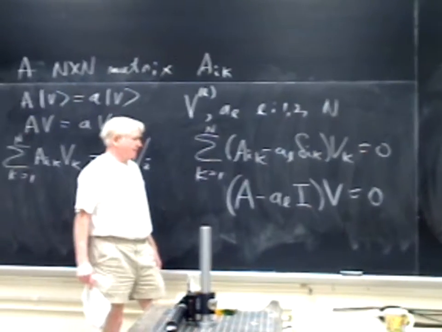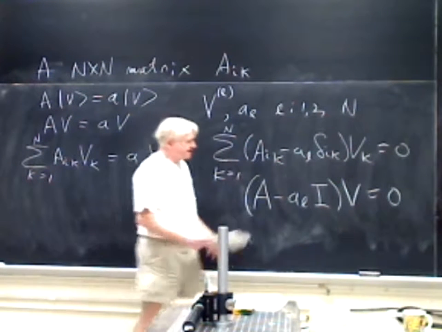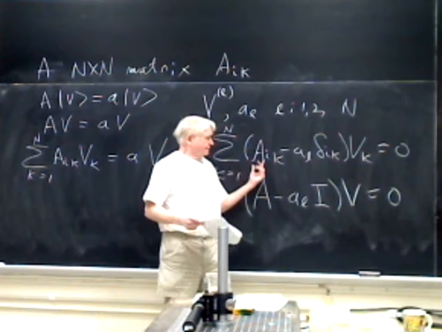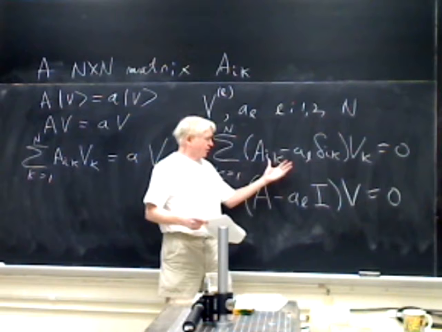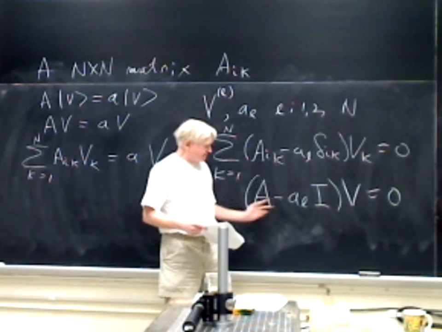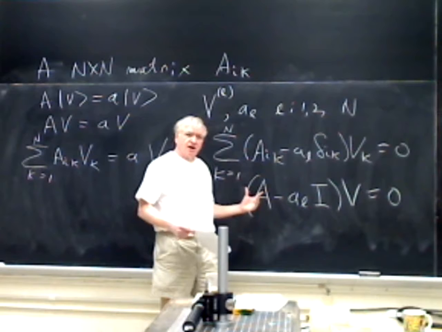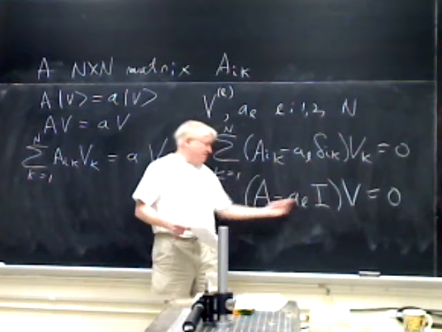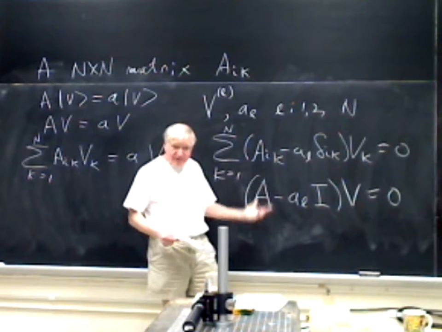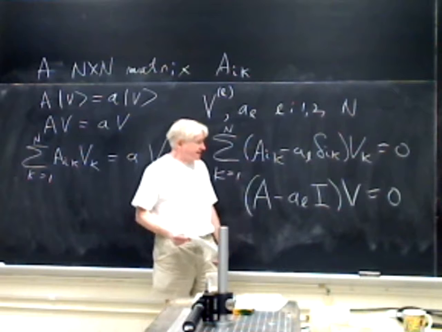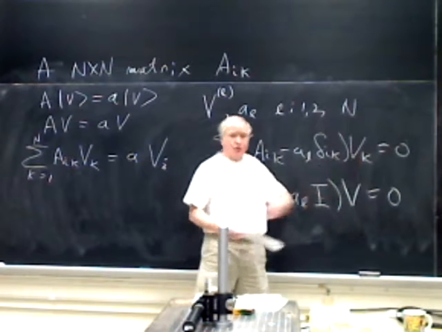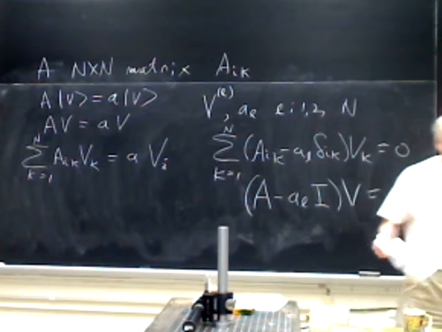And what that's telling us is that these coefficients v_k are such that the columns of this matrix multiplied by the v_k's add up to 0. That means that the columns of this matrix are linearly dependent, at least if we can find a non-trivial eigenvector v, that is to say an eigenvector whose components are not all 0.